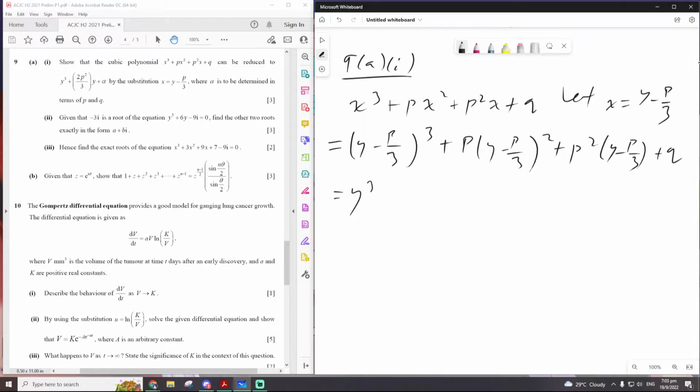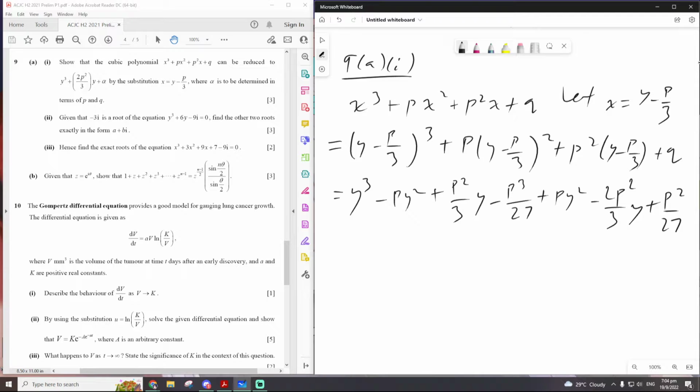So you will get y cubed minus py squared plus p squared over 3 y minus p cubed over 27, plus py squared minus 2p squared y over 3, then plus p cubed over 27, then plus p squared y minus p cubed over 3.